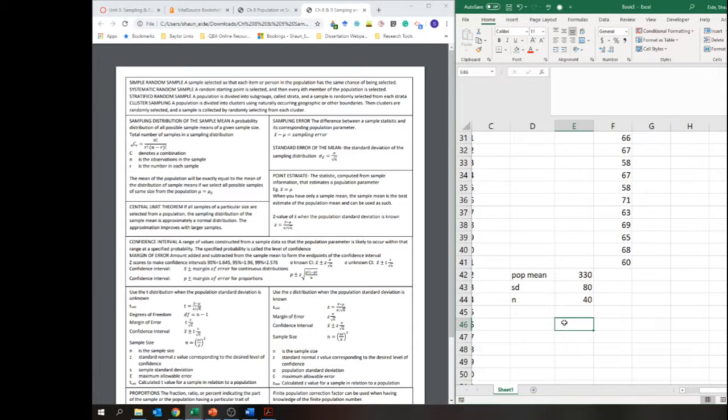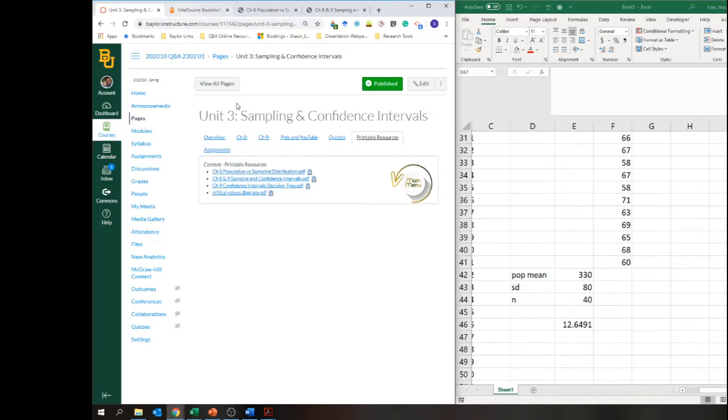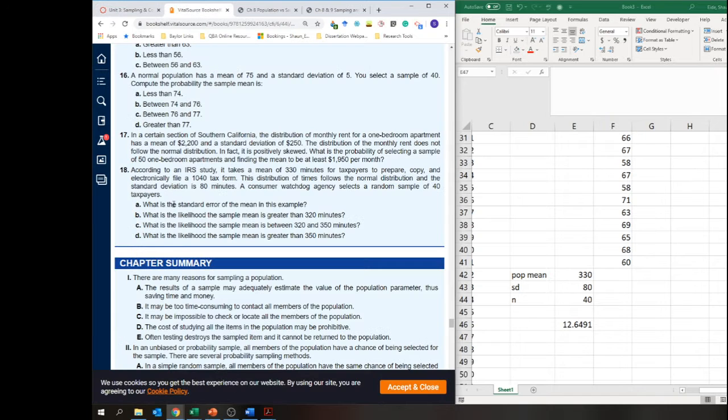So the standard error equals the standard deviation divided by the square root of the number in the sample, and that's going to be 12.6491. So this right here is the answer to what is the standard error, and that's 18.